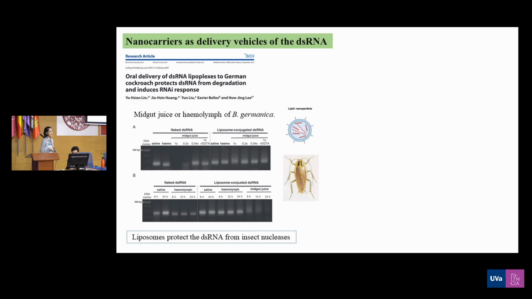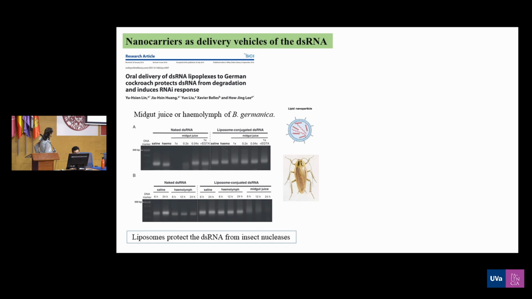This insect has a lot of nucleases in its midgut juice and hemolymph, so they wanted to evaluate whether these lipid nanocarriers would protect the double-stranded RNA from degradation, and they actually found that.